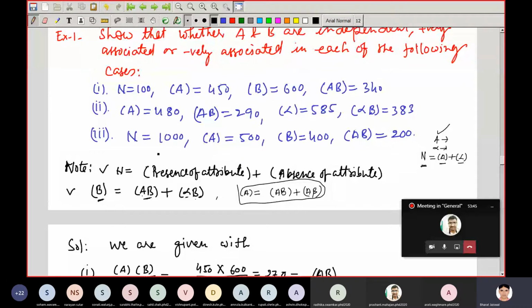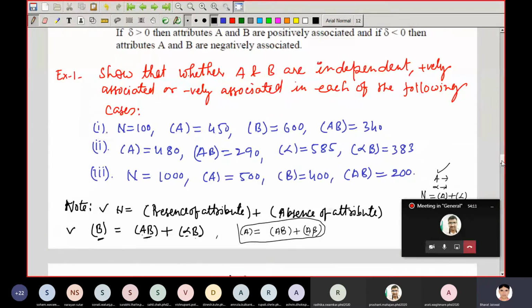These three data sets are given, and on the basis of this data we have to show what type of association there is between attributes A and B. Suppose total frequency is 1000, the frequency of attribute A is 450, the frequency of attribute B is 600, and the frequency of having both attributes A and B is 340.